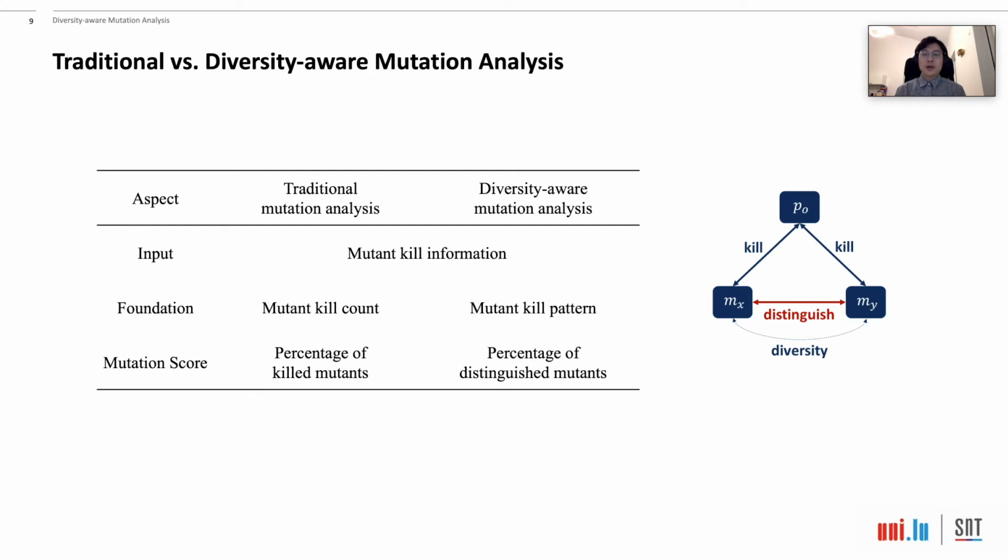As a result, the mutation score in the traditional mutation analysis is simply the percentage of killed mutants. However, in the diversity-aware mutation analysis, the mutation score can be represented by the percentage of distinguished mutants, which includes the notion of kill inside.